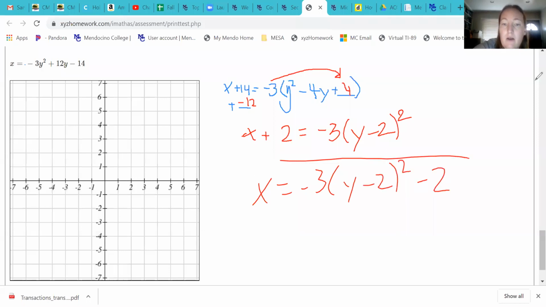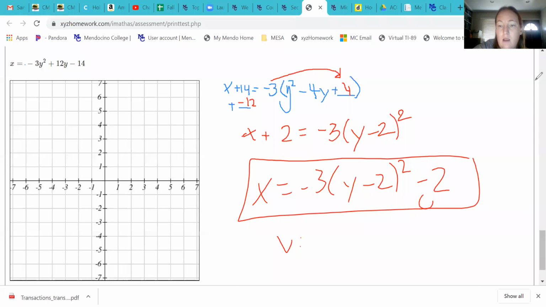And so there it is. The vertex would be -2, comma, oops, sorry, I did not mean to put a little squiggly on that last one. It's just exactly what it is. So -2 and then opposite, so 2.